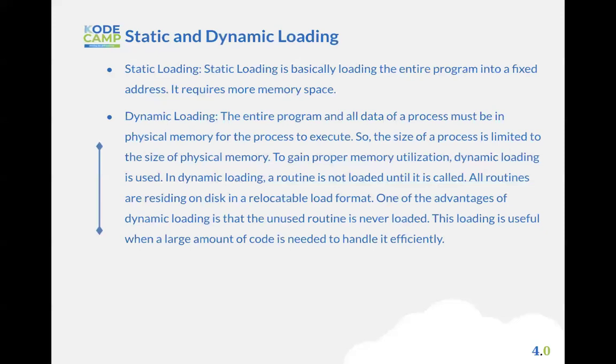So when a process has these different child processes, dynamic loading can load only the processes that are needed at a particular point in time, while keeping a reference to the other processes, the other routines, the other smaller tasks that are needed, and loading them when they are needed and deallocating them after they're not needed anymore.